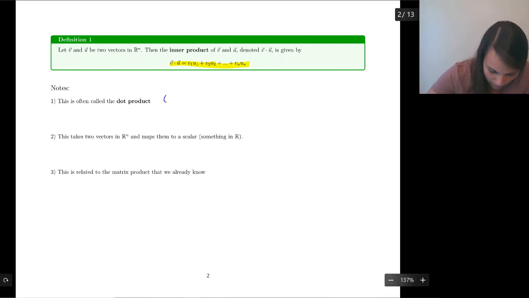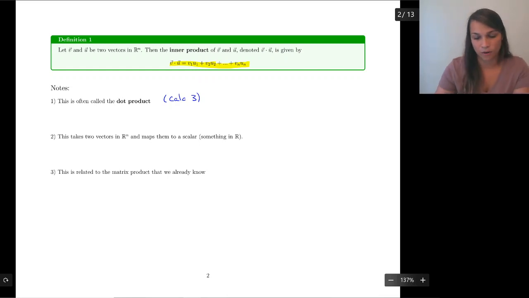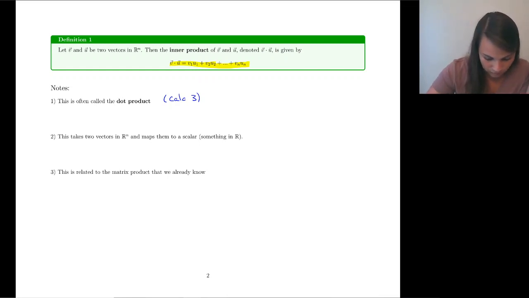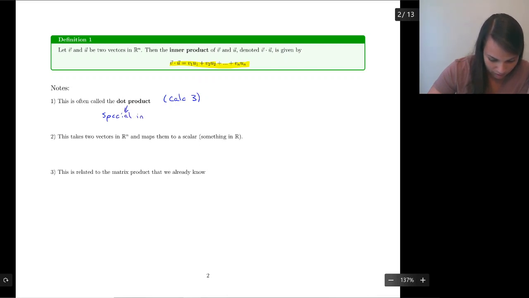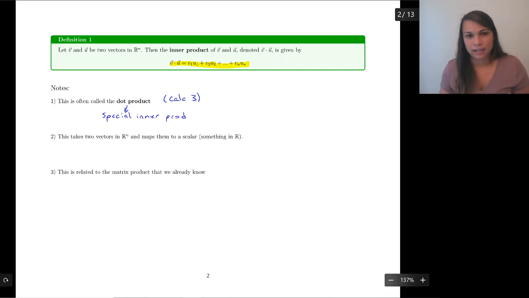This is from Calc 3, so you have indeed seen it before. And dot product is a special inner product. As you go further into math, you're going to get more generalized definitions for inner product, and dot product is just a very specific example.